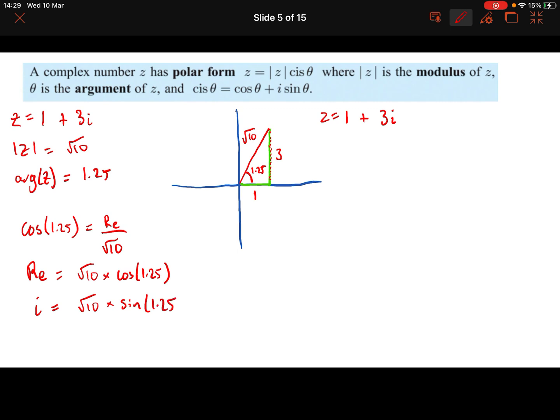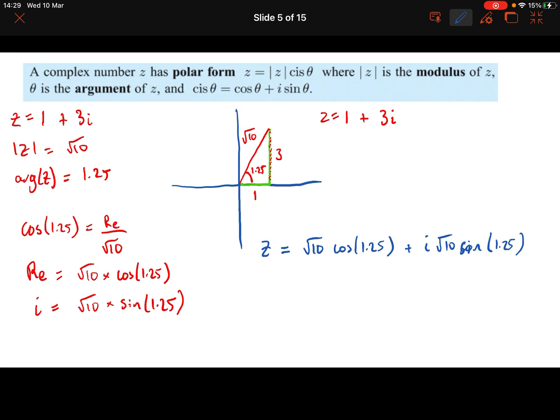And remember, all we do to find out a complex number is add the real and imaginary parts. So this complex number can also be expressed as root 10 cosine of 1.25 plus i times root 10 sine of 1.25 radians.